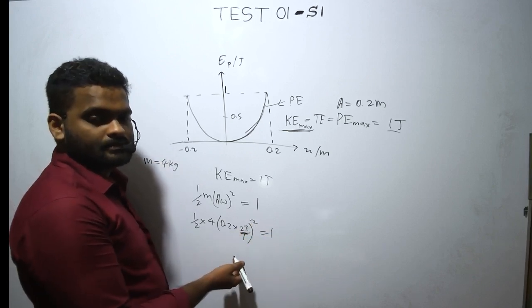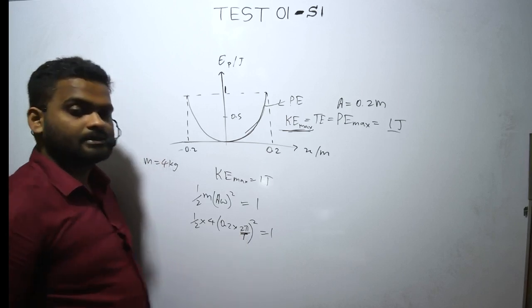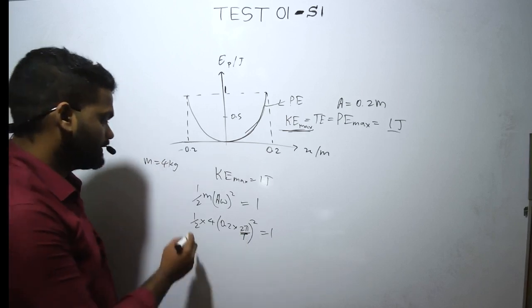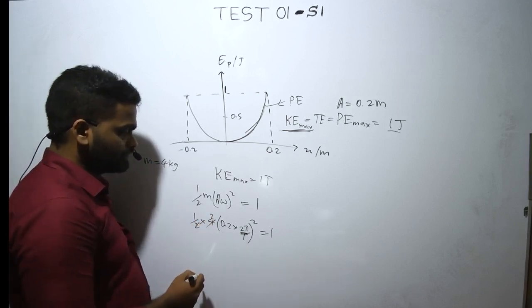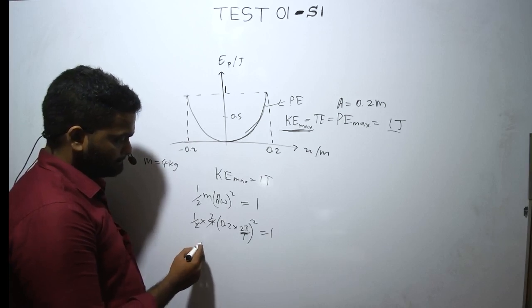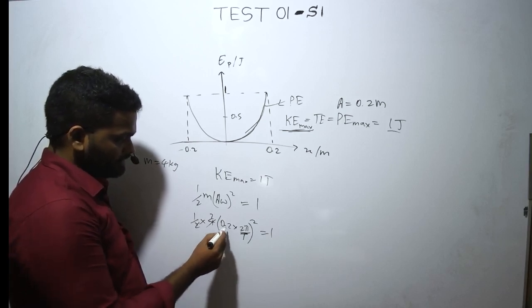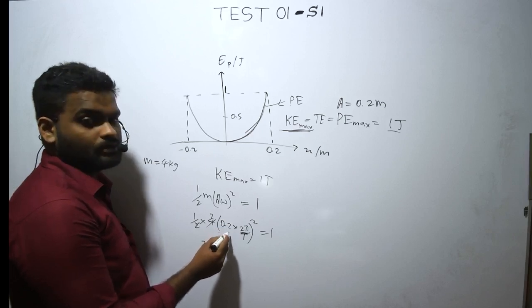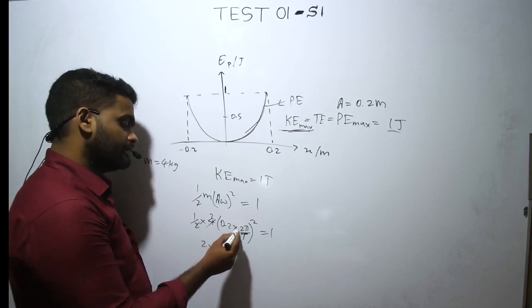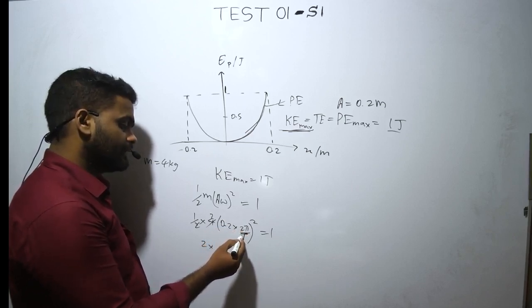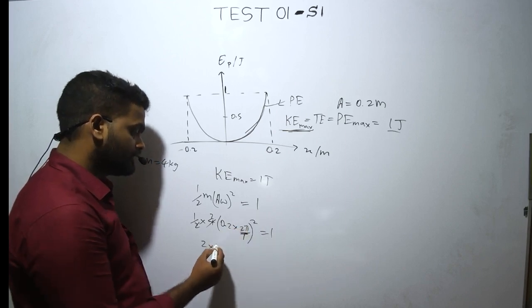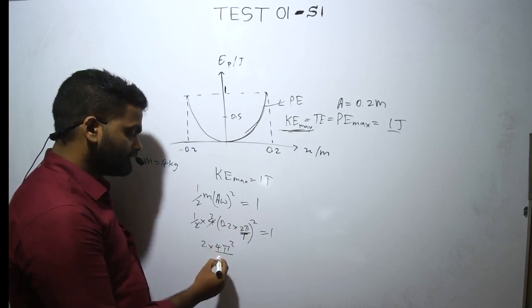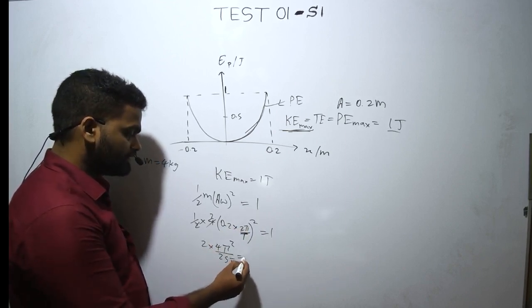Then just do a simplification in order to find time period, capital T. If you want, you can see 0.2 as 1 over 5. Then multiply 2 pi divided by 5. Then it gets squared. 4 pi squared divided by 25 capital T equals 1.